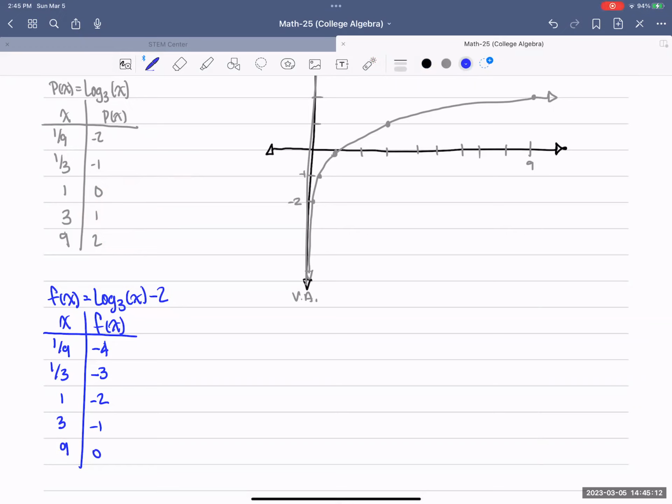So now in blue, our function f of x: when we input 9, we output 0. When we input 3, we output -1. When we input 1, we output -2. When we input 1/3, we output -3.